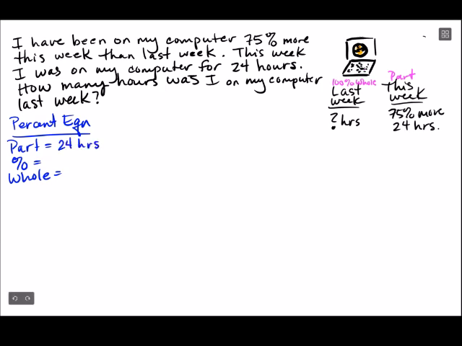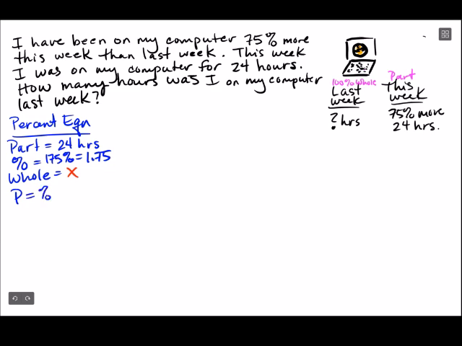My whole, I don't know, that's X. And we need a percent. I was on 75% more. So what does that mean? That means it's going to be an increase. So that means I'm going to have been on my computer 175%, which I divide by 100 to get my decimal, 1.75.